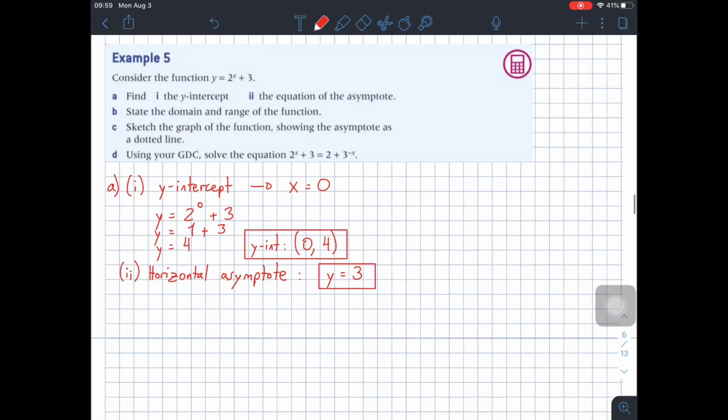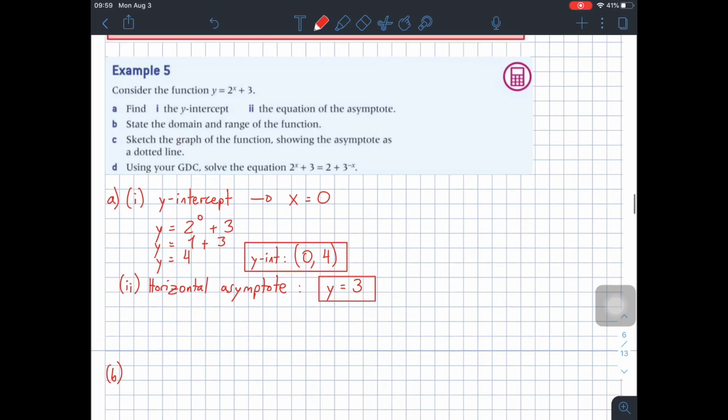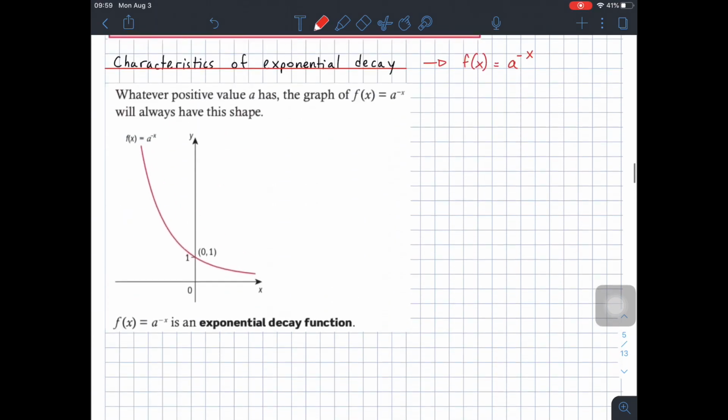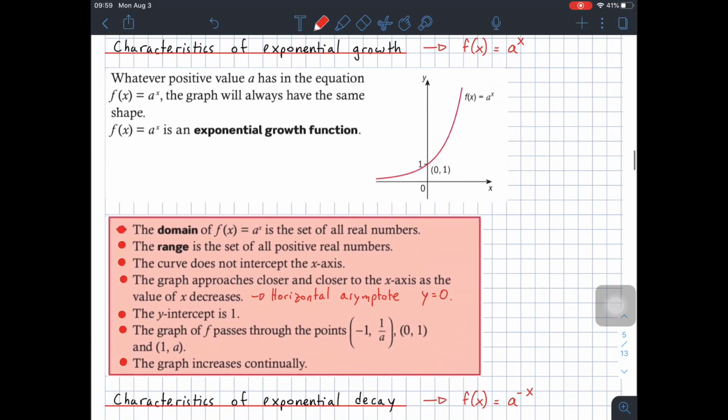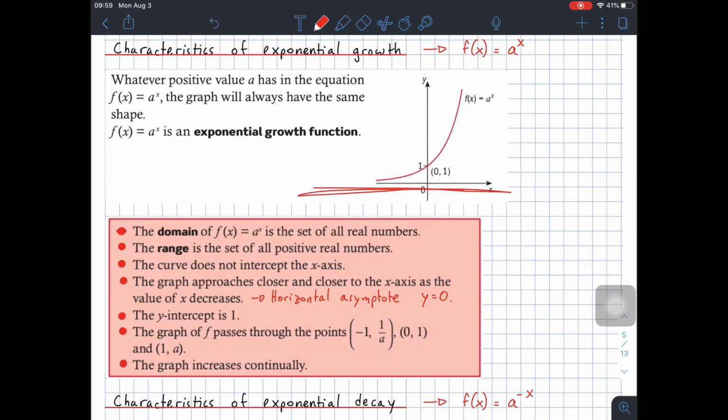Then we have part B, which says state the domain and range of the function. Okay, so if you remember from a normal exponential function, that means a parent function, like this one, the domain are all real numbers, right? And for the range, we're only considering the positive values, right? The exponential function never crosses the x-axis towards the bottom, right?